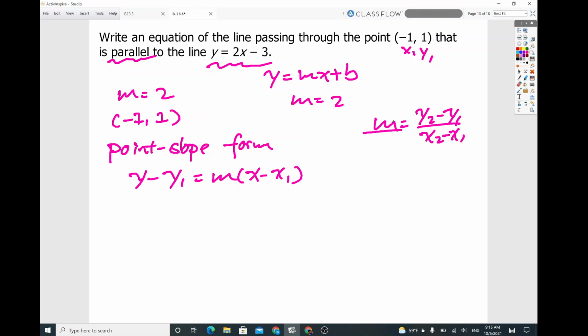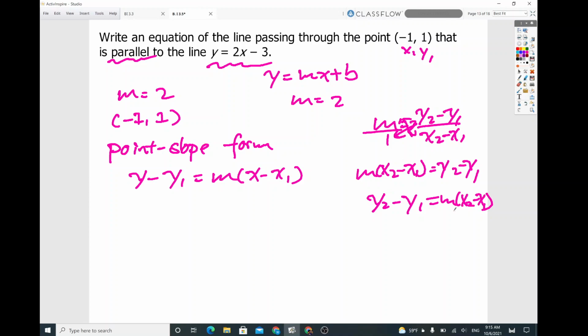For the denominator, the one underneath the m, there's nothing given, so that means it's always 1. If you cross multiply, it's m times x2 minus x1 equals y2 minus y1. It just reverses the order, so y2 minus y1 equals m times x2 minus x1.